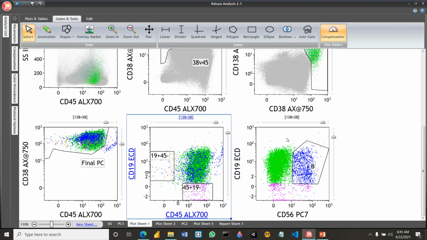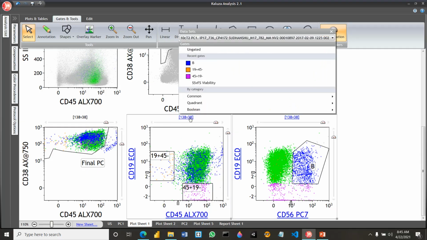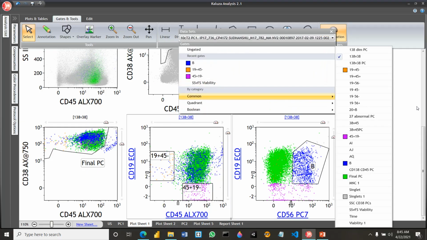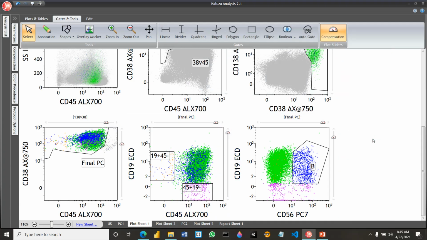Okay, we have to put the final PC gate on this. And there are a few cells which are maybe CD56 positive here and CD19 negative.